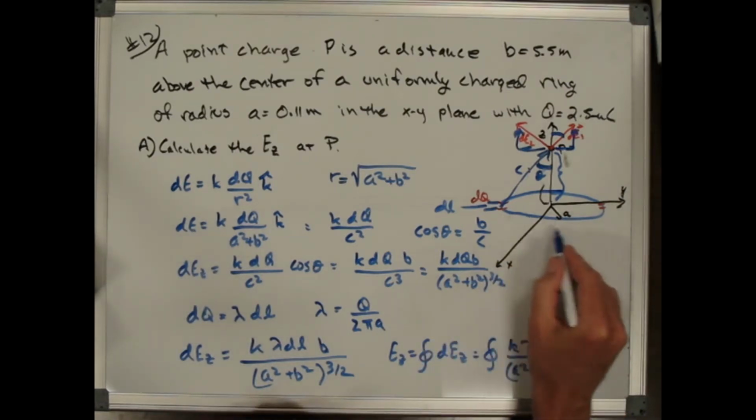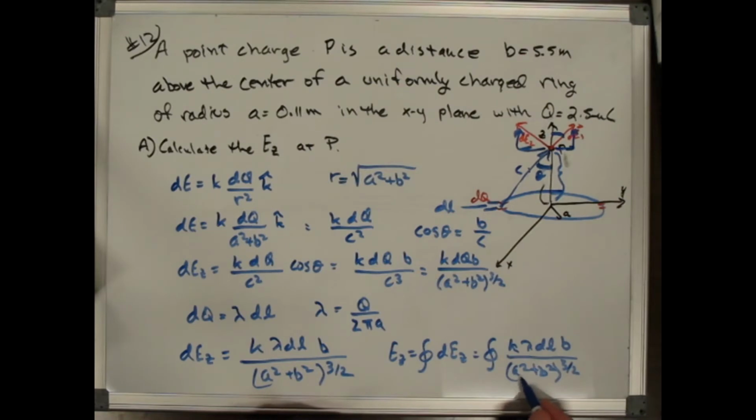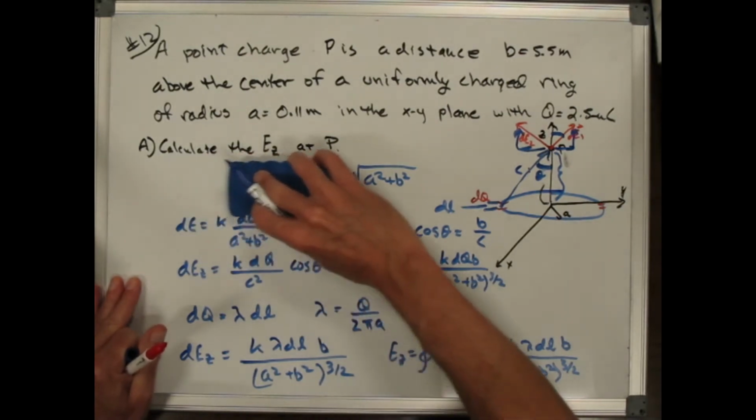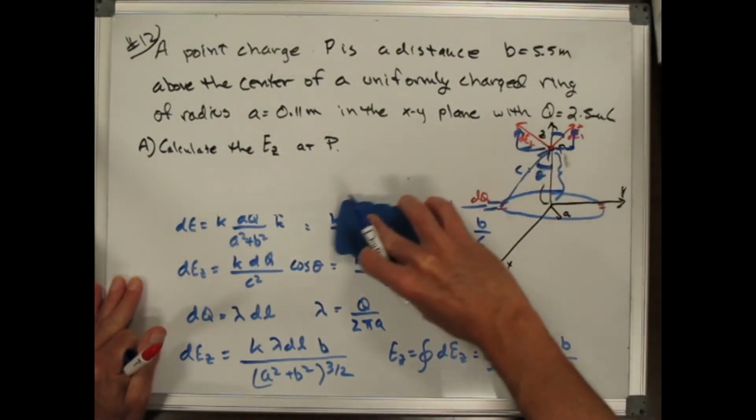But notice as you go around that circle, a doesn't change, b doesn't change, k doesn't change, lambda doesn't change. dl just integrates around the circumference of a circle, and so I'll have to come up here and erase a little bit.